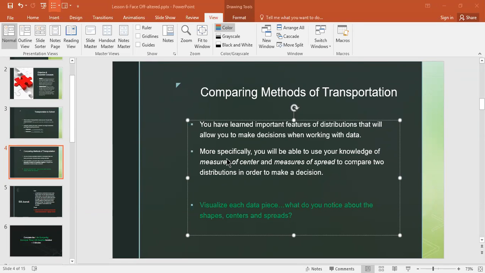Now, with each of these, we also have a measure of spread. So what are the measures of spread that we've learned so far? There are two of those. One of them we literally did during lesson 5. We learned it on our last lesson.